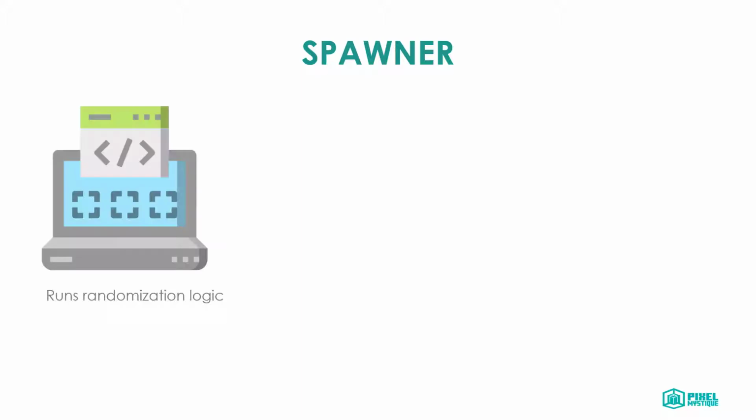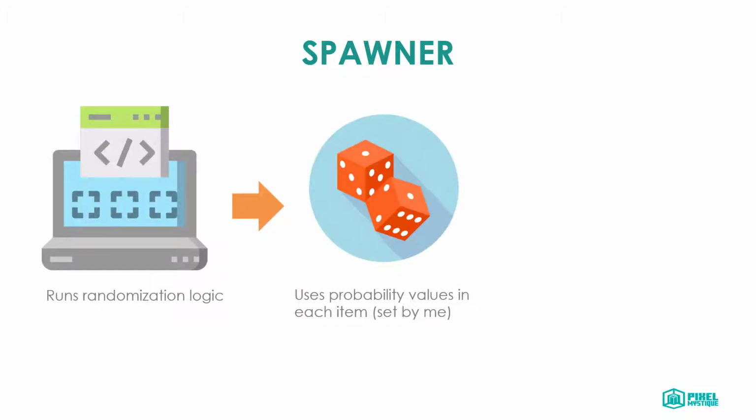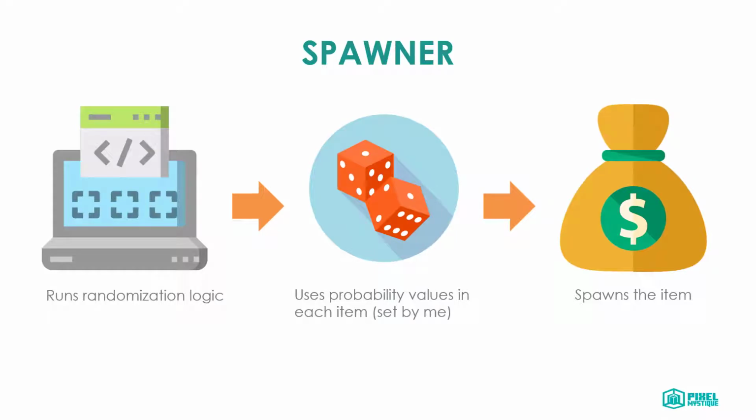When I click on this chest, it will run a randomization logic, and it will then decide which items to spawn based on the results. Each item has a probability value which either increases or decreases the chance it will be spawned. I'll show this part later in the item script.